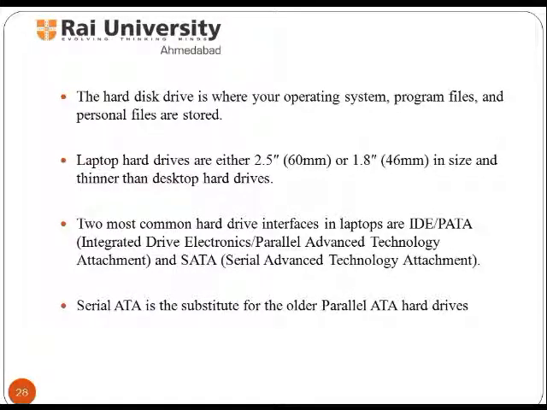Laptop hard drives are available in two sizes, 60mm and 46mm, and are thinner than a desktop hard drive. HDDs are expected to remain the dominant medium for secondary storage due to advantages in recording capacity, price per unit of storage, write latency and product lifetime.